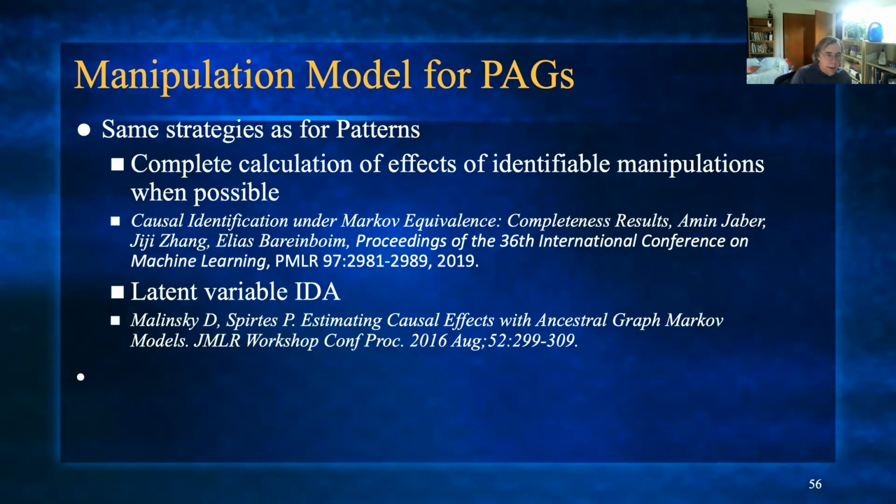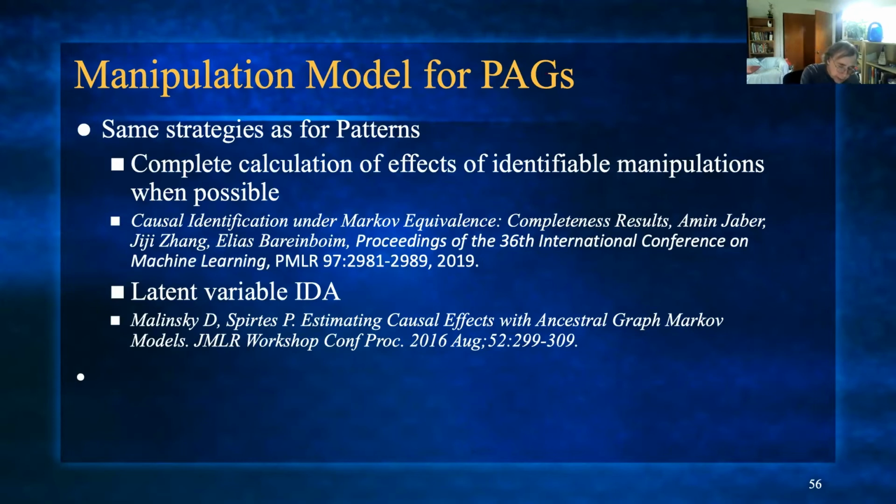There's another way of trying to get manipulations out of PAGs, which is similar to patterns, and that is you could take your PAG, turn it into every possible MAG represented by that PAG, and then use each MAG to tell you what its estimate of the effect of a manipulation is. And that has been worked out as well.